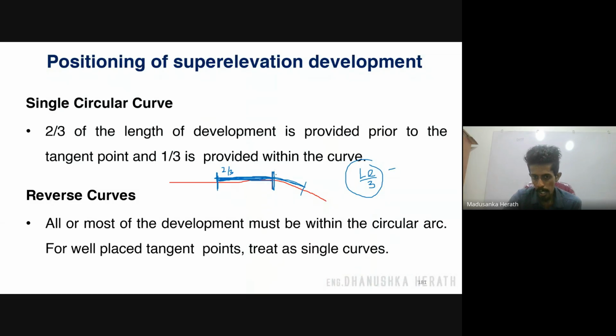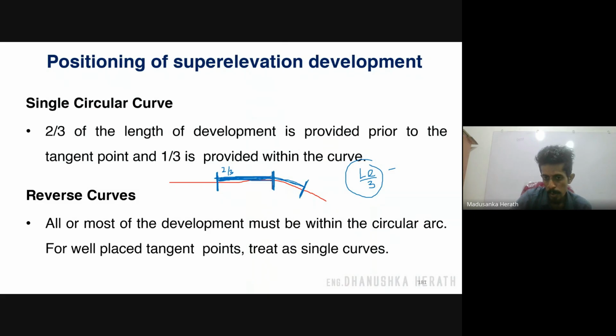Right, then we start from here, keep 2/3 to this side. From the tangent point, we take two-thirds of the total length and mark this point. From here we start to rotate this pavement. By the time we reach this point, it should have reached full super elevation.